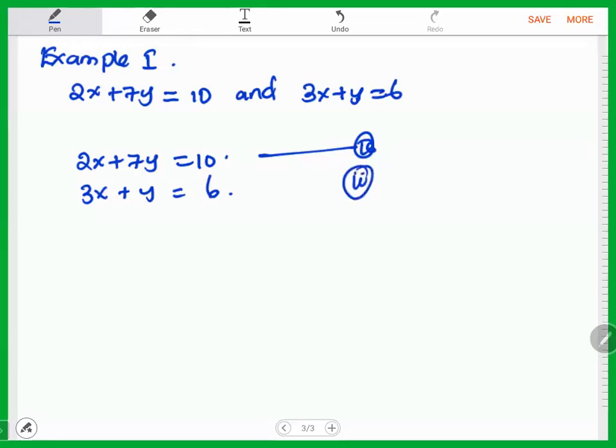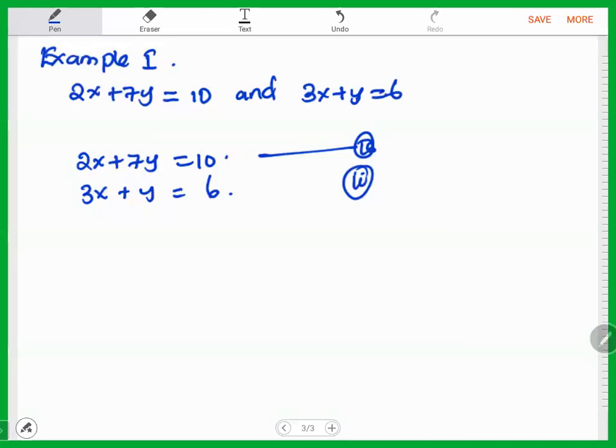Which of those two variables can I eliminate? I am asking, which variable should we eliminate first? What do you think? Should it be x or y? You can choose any of the two.